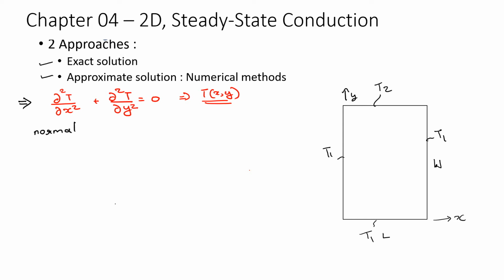Let's say this variable is phi, and I will define phi as the unknown temperature at any location x and y, minus some known temperature at a boundary T1, upon T2 minus T1. And let's take the example of the rectangular plate.